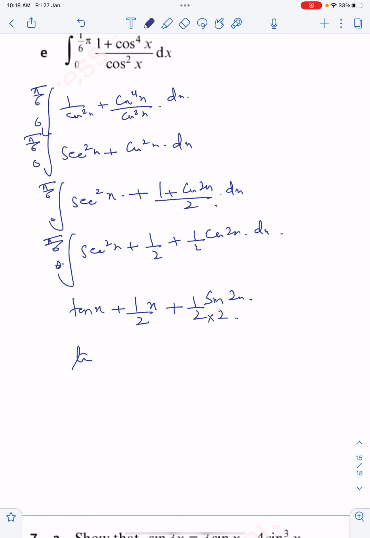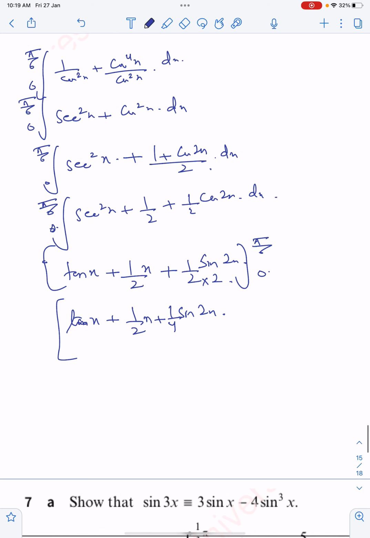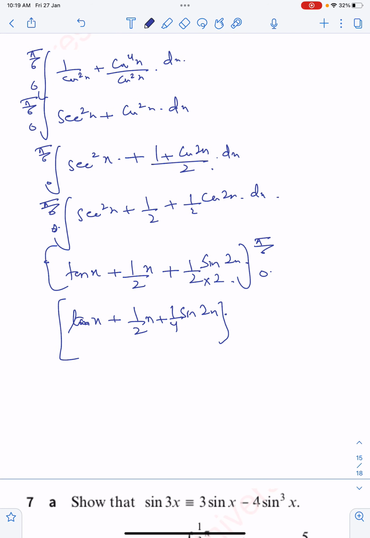Okay, so it has become tan of x plus half of x plus 1 upon 4 sine of 2x. The boundaries are pi by 6 and 0.